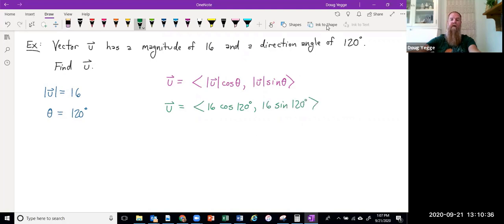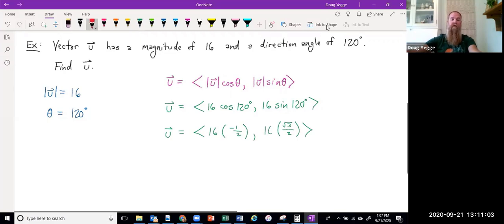So even though we didn't know the horizontal component or the vertical component of our vector, what we can do is use the unit circle to find out what cosine and sine of 120 are. Cosine of 120 degrees is negative 1/2. And sine of 120 degrees is positive root 3 over 2.